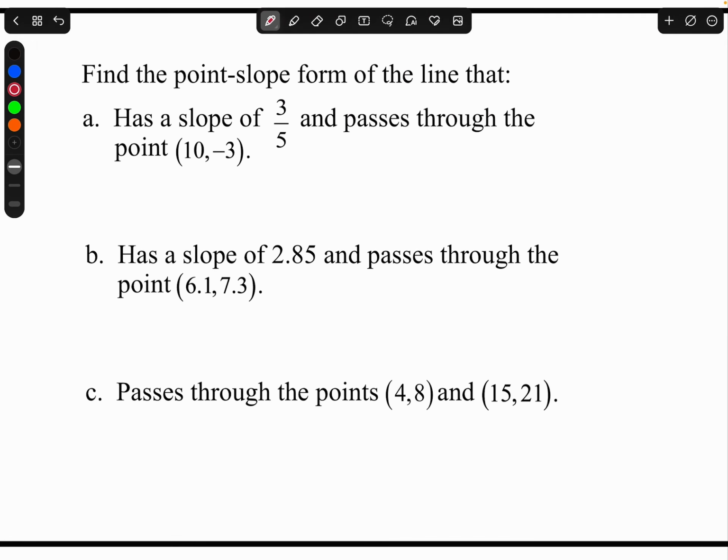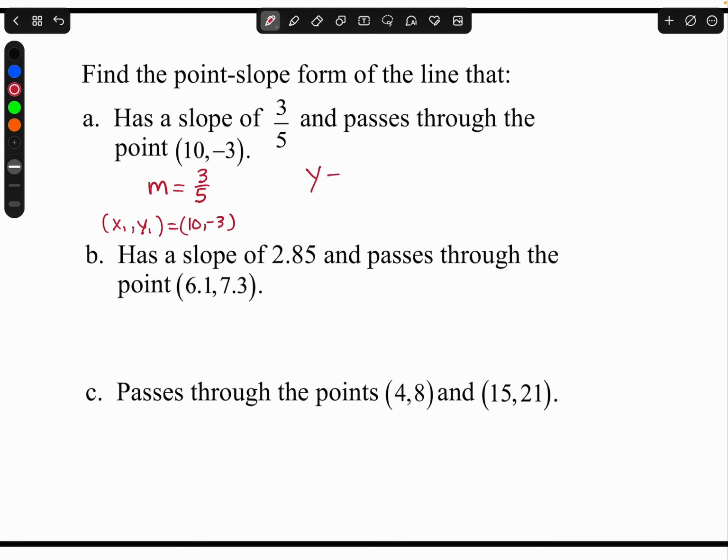Let's jump over here. Sometimes it's just easier to leave it in point slope form. It says find the point slope form of the line that has a slope of 3/5, so we have m is equal to 3/5 and passes through the point 10, negative 3. So our x sub 1 comma y sub 1 would be 10, negative 3.